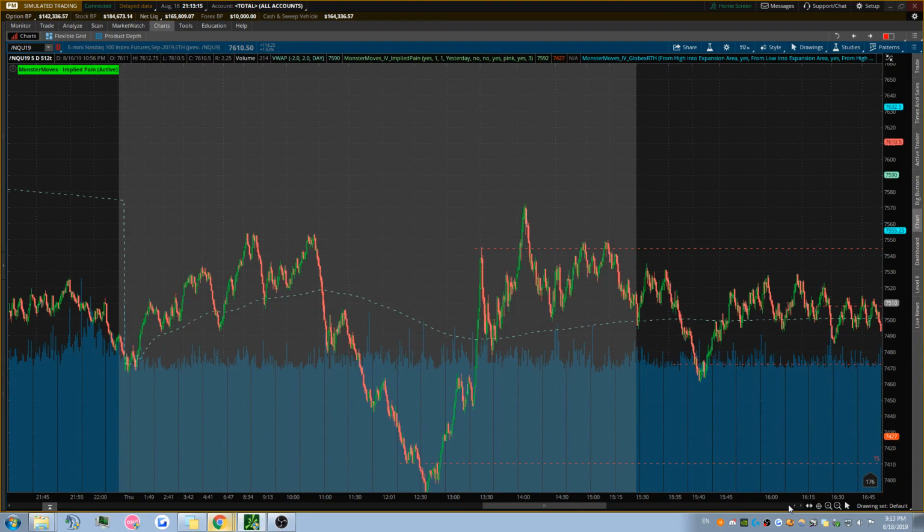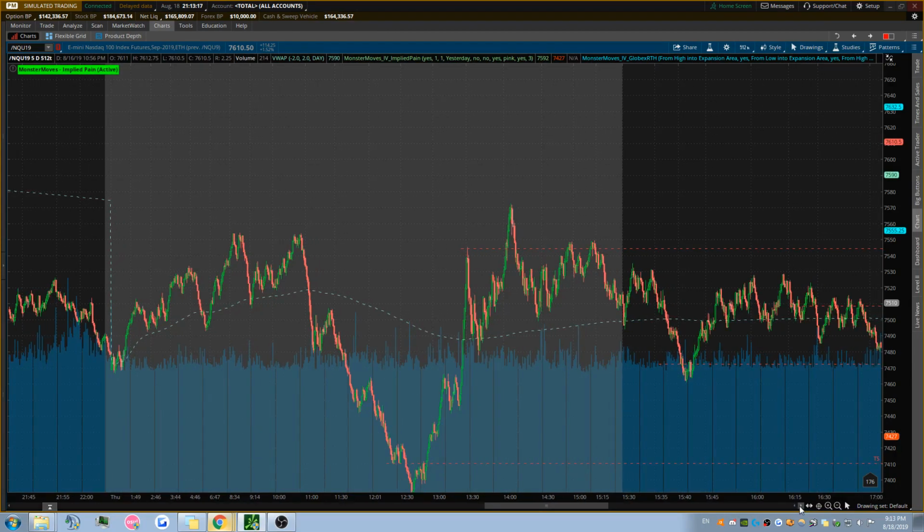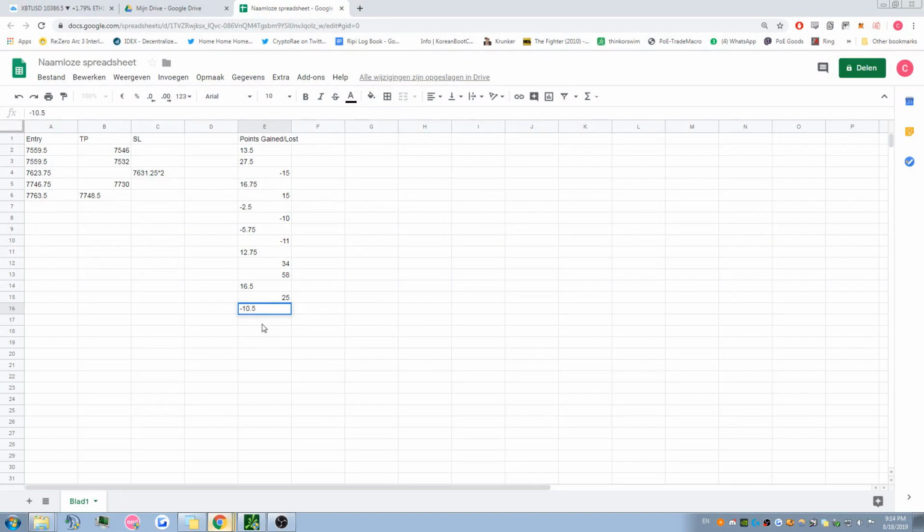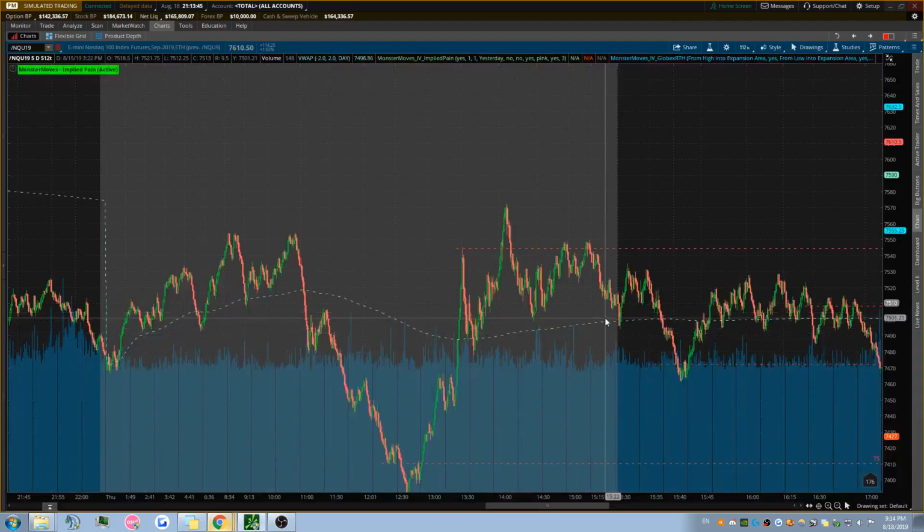My stop was above there. Okay, that's TP hit. That's 09 to 72. Let's just say it's 72 half. That's minus 9, that's 31. Let's just say it's 30 half. Should be 30 half.